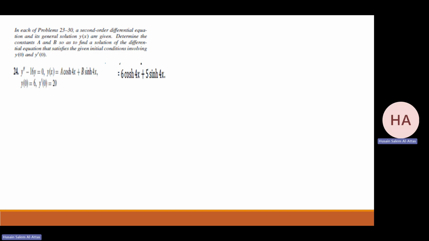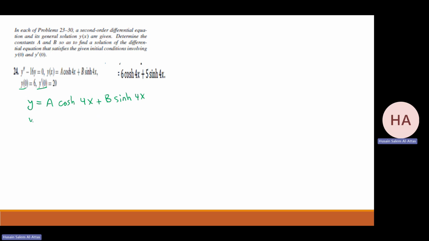Okay. Let me move to this problem, still in 3.1, where we are now solving these systems of equations by the differential equation. Remember, we did such a problem: if you have an initial condition, how to find the constants. So this is mainly the idea, how to find such constants. I noticed that y is a cosine hyperbolic 4x plus b sine hyperbolic 4x.